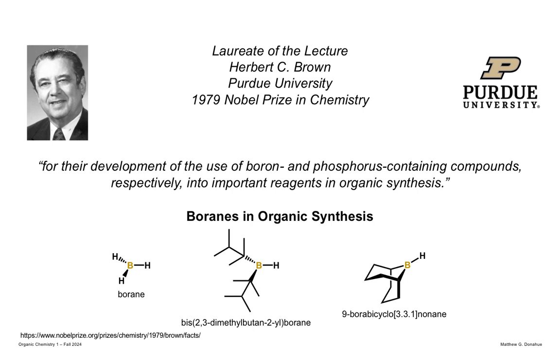If you go on to 256, we'll learn about phosphorus chemistry. That's what Wittig was recognized for that same year. They were recognized for their development of the use of boron and phosphorus-containing compounds, respectively, into important reagents in organic synthesis. So Brown had been investigating boron back in the 30s and 40s.